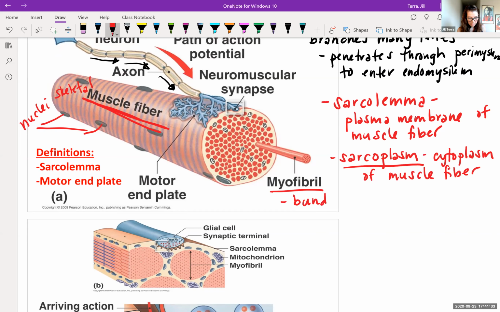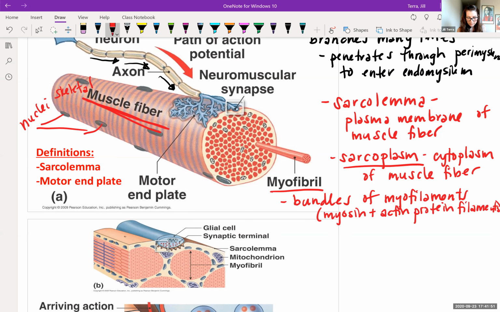So these are bundles of myofilaments, right, which are these myosin and actin protein filaments, if you remember, that are inside the sarcoplasm. Okay, and a cell can have anywhere from a few dozen of these myofibrils to over 1,000 of these myofibrils within an individual muscle cell.